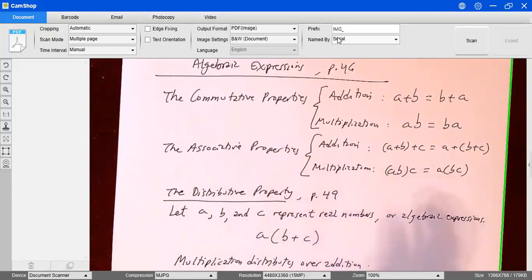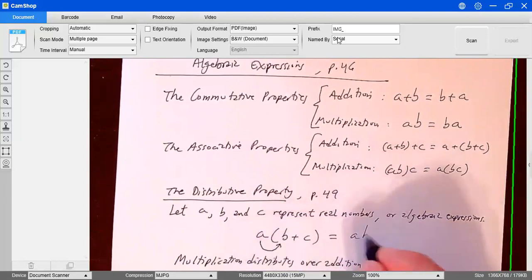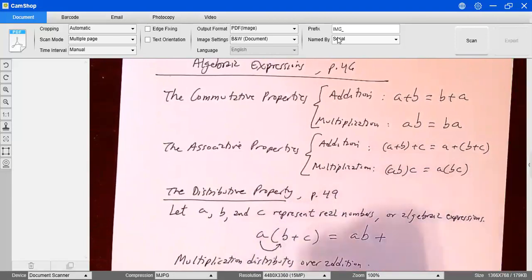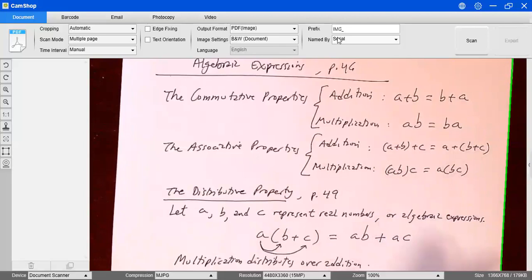And what is the meaning of that? It is that you can multiply A by B, so you're going to get AB, then you have the addition, and then you have the other product, A times C. So this is the distributive property.